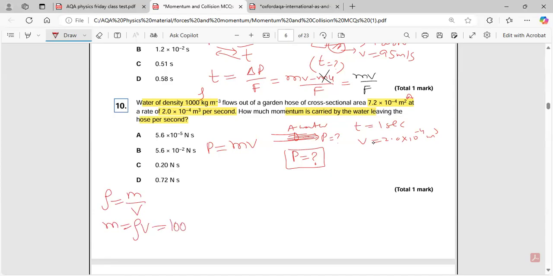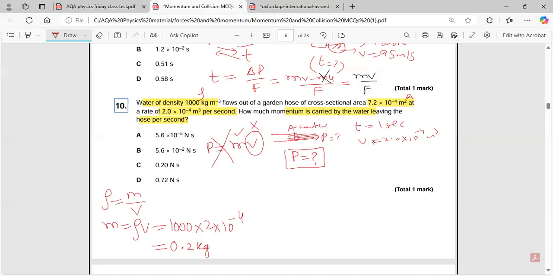So density is 1000 and volume is 2 times 10 to the power minus 4, right? So from here, it's 0.1 times 2, which is 0.2. So 0.2 kilogram of water is leaving the hose every second. So you know this. But the problem is you don't have the velocity. You have mass, you do not have velocity.